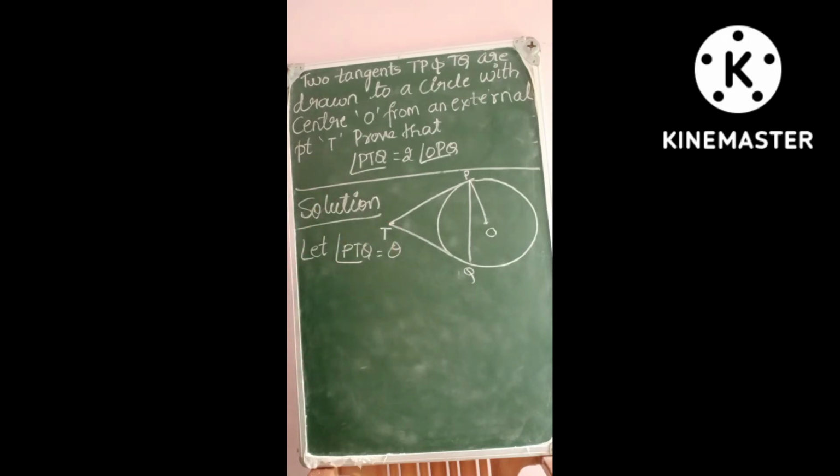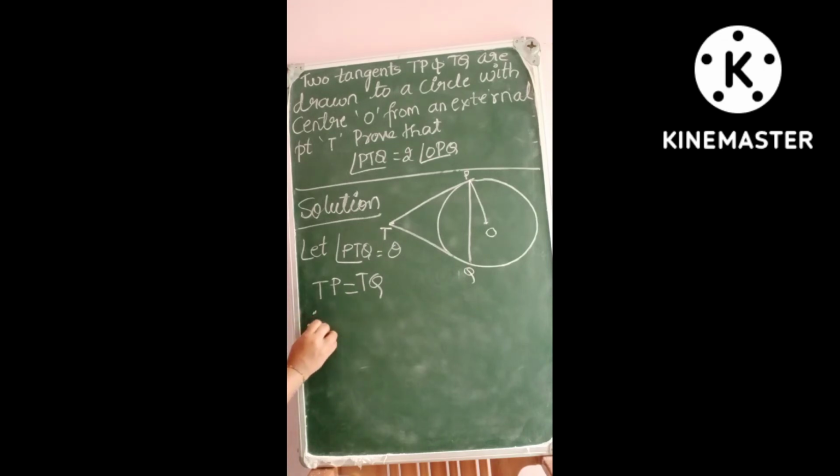Using that theorem 10.2, we can write TP is equal to TQ. The tangents will be equal when they are drawn from the external point to a given circle. Therefore, TPQ is an isosceles triangle.